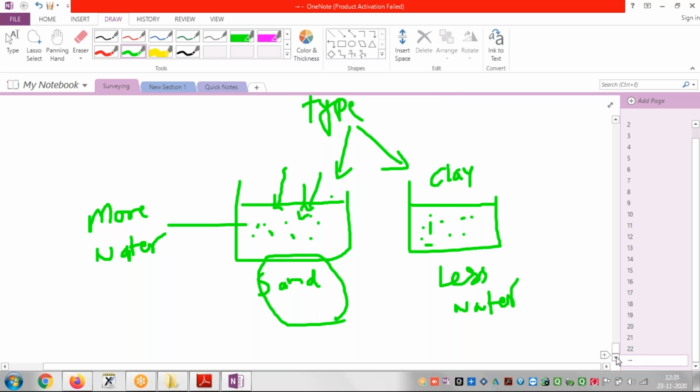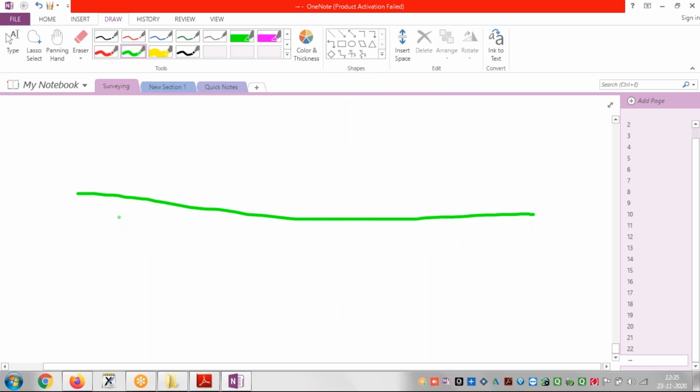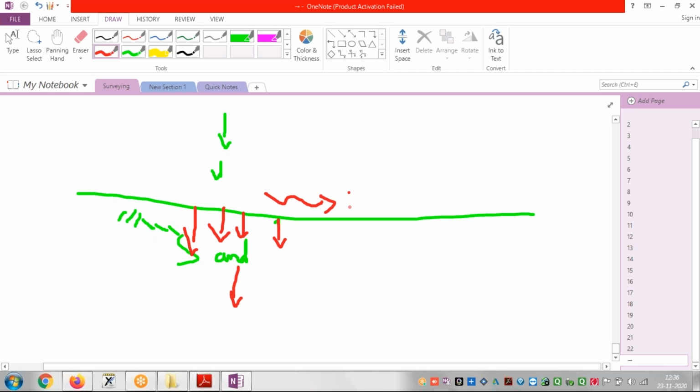If the type of soil is very good, suppose only sand is here, whatever rainfall is occurring, most of the water will come inside the soil, right? And very small runoff will be there.